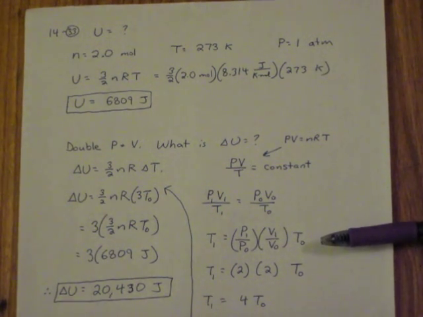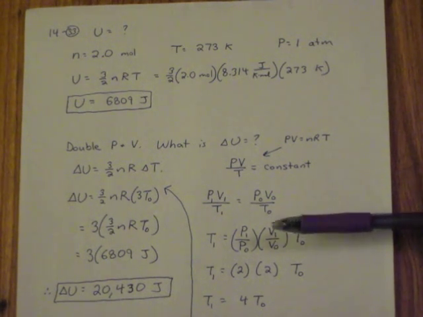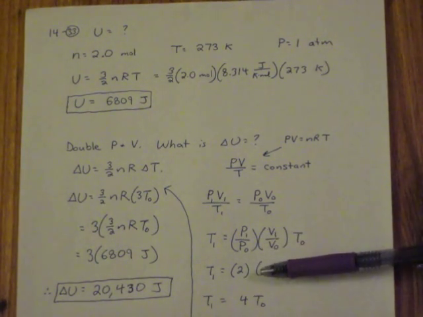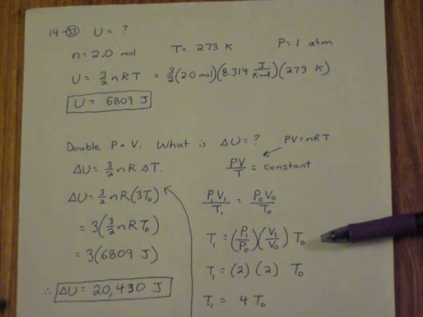Now the question said that the pressure is doubled. So the ratio of P1 over P0 is 2, because P1 is twice P0. The question also said that volume is doubled, so V1 over V0 is a factor of 2.